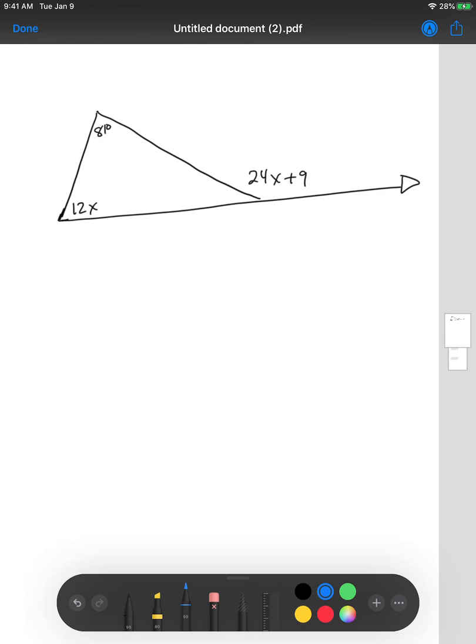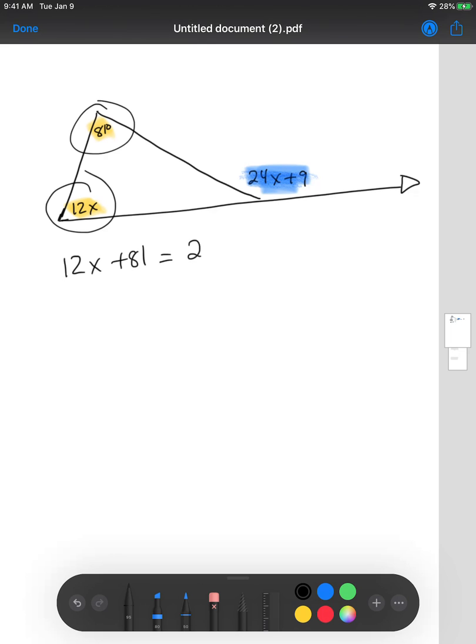All right, again, here is my exterior angle, and here are my adjacent angles. So these added together is going to equal this exterior angle out here. Okay, so the yellows plus the blue. The yellows equal the blue. So I'm going to have 12x plus 81 equals 24x plus 9.